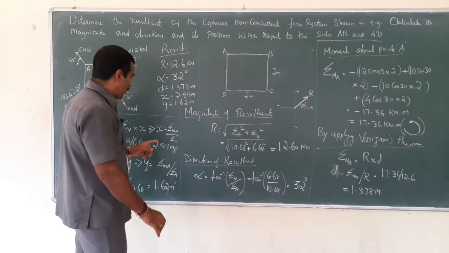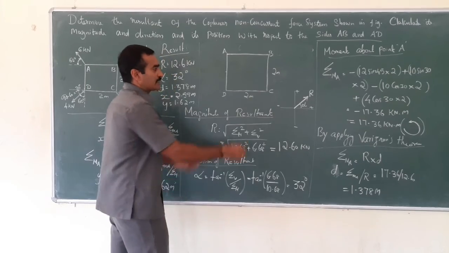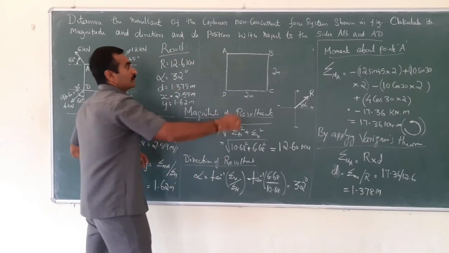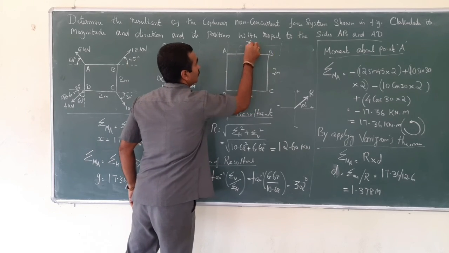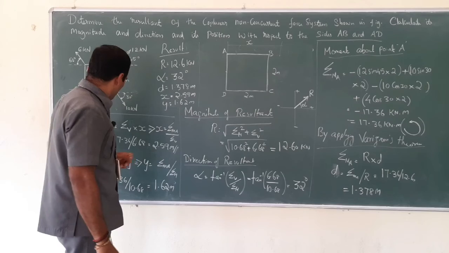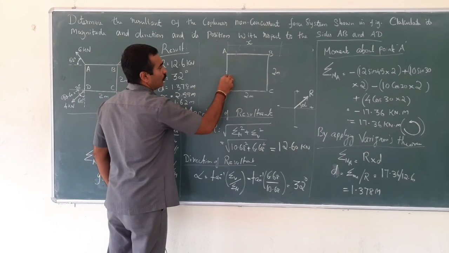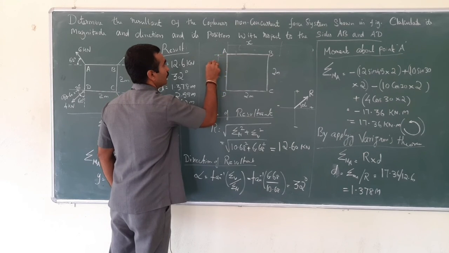So, here it is 2.59 in the X direction, which would be somewhere here, because the total distance is 2 meter, right? This is X value, that is 2.59. Y value from A is 1.62, so it would be roughly somewhere here. This would be Y value.